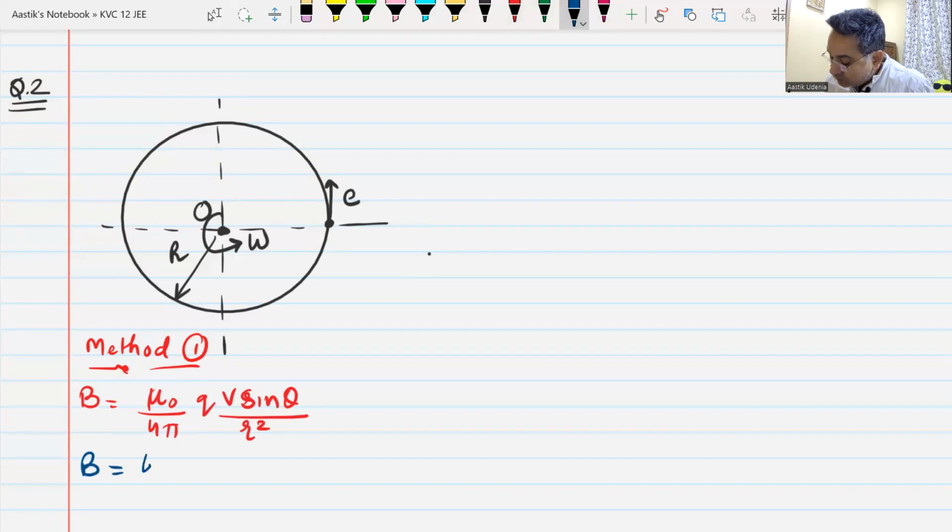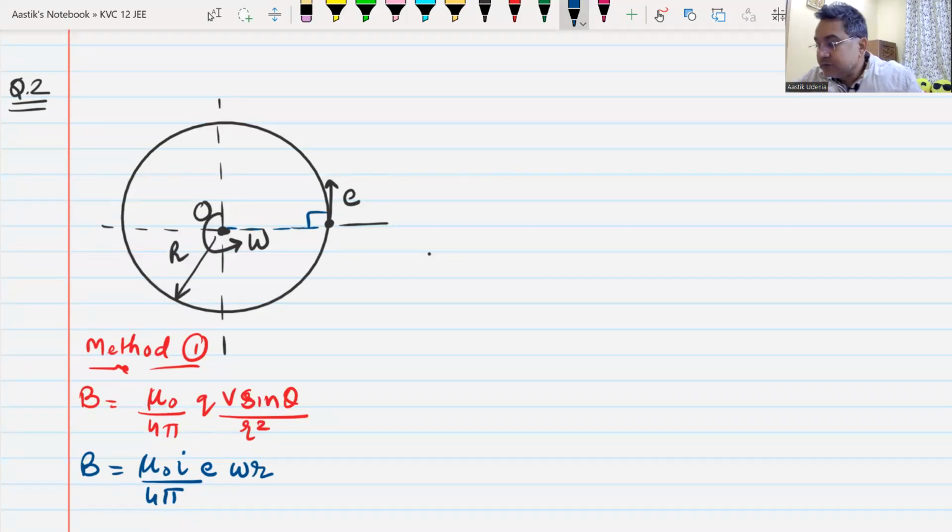B will be equal to mu naught by 4 pi. The value of charge is E. The velocity is omega into r. Theta is the angle between velocity and radius vector.